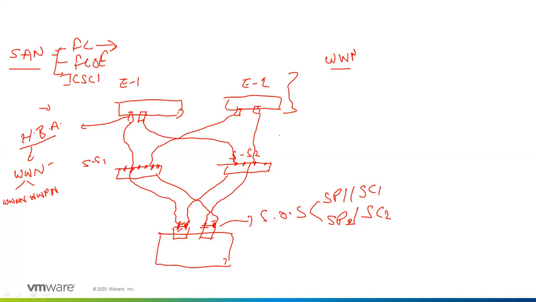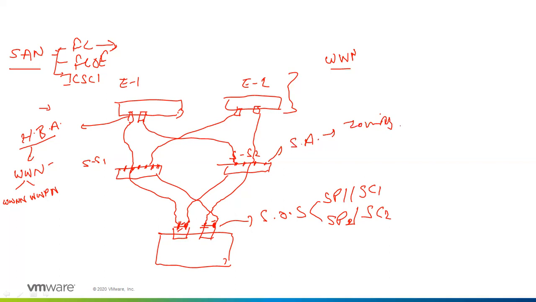All right. So now it is the turn of your storage administrator. What does the storage administrator do? The storage administrator will create the zoning. Zoning. What is the meaning of zone?